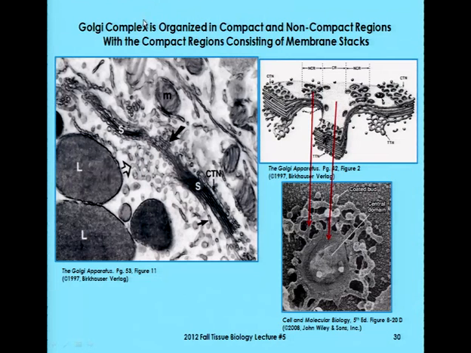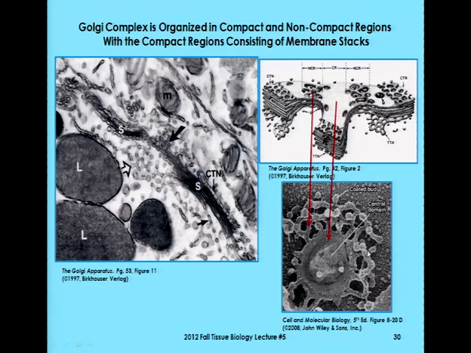Now, the Golgi complex is organized in compact and non-compact regions. The compact region consists of membrane stacks. The non-compact region has a fenestrated appearance where there's lateral tubular interconnections of membrane.